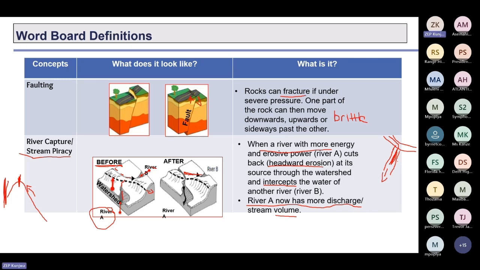So the volume of the water in the river is going to increase. Therefore, the people who live in this area where there's River A are going to have a lot of water, and the people who live in the area where there's River B are going to have little water because the water from that river has been stolen by River A. Is that clear for everyone?